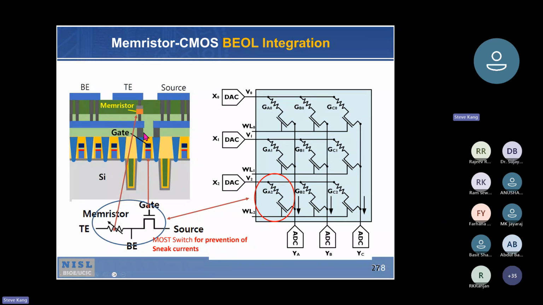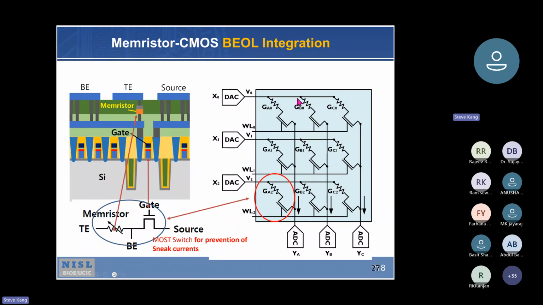We saw this many times. This is a silicon MOS transistor, and you can build a memristor even in the via hole here. So you can have this MOS transistor in series with a memristor, and this pair can be used in the crossbar array.